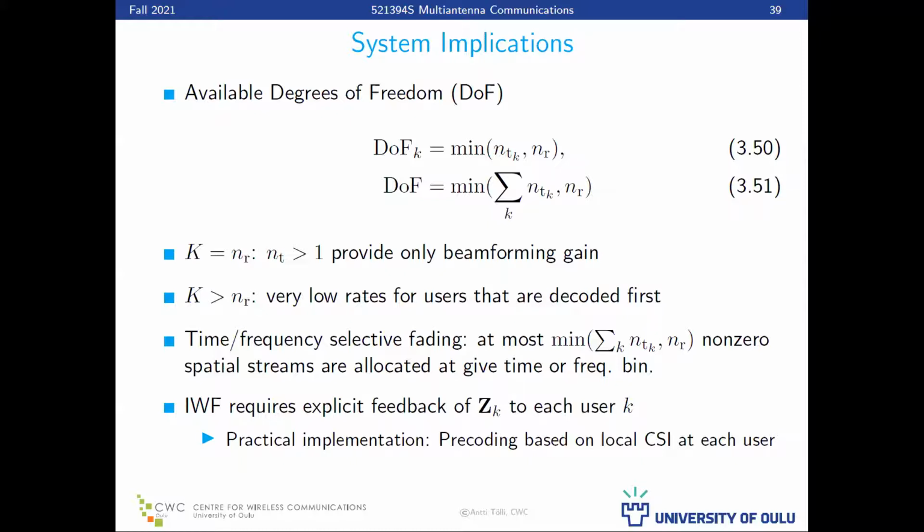We can have more streams in principle. If you have more transmit and receive antennas, you can assign more streams, but those streams that are above the spatial degrees of freedom will have very small rate because they are interference limited.